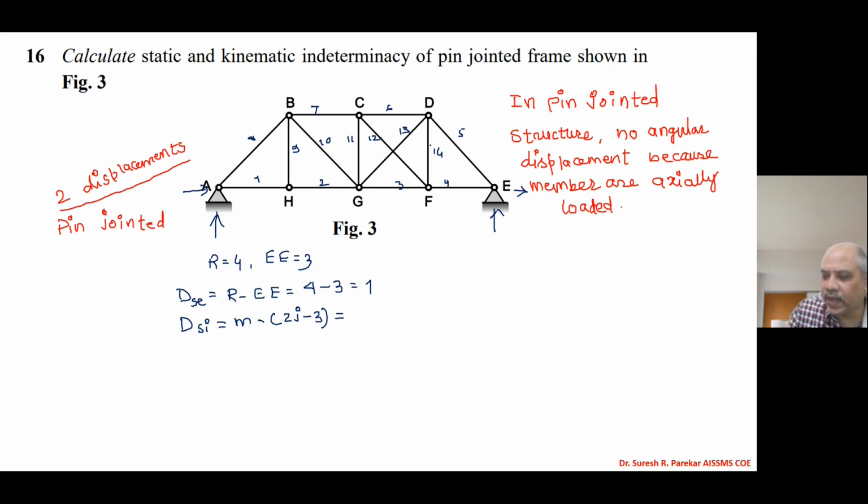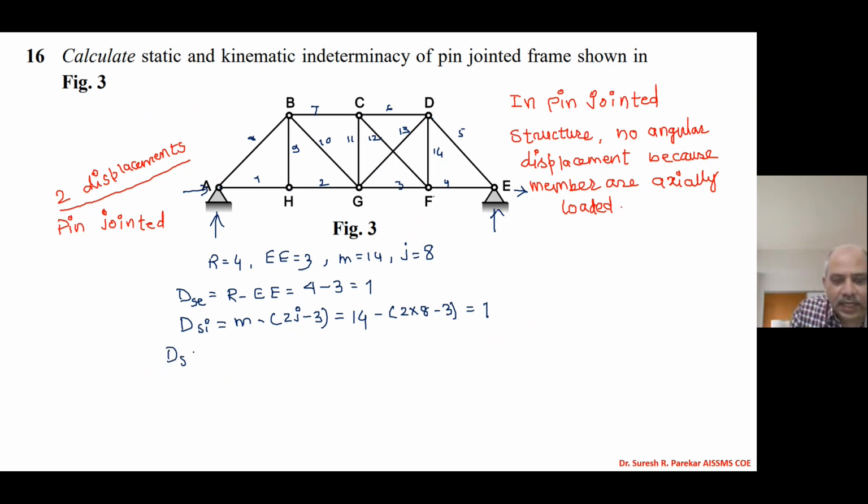So we have total value of m equal to 14. j equal to 1, 2, 3, 4, 5, 6, 7, 8. So we have j equal to 8. So 14 minus 2 into 8 minus 3, and then we have this value that is equal to 1.